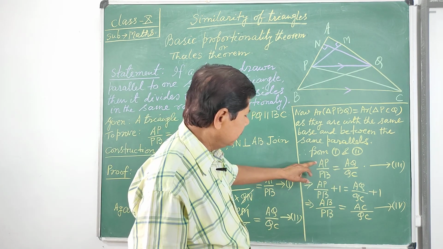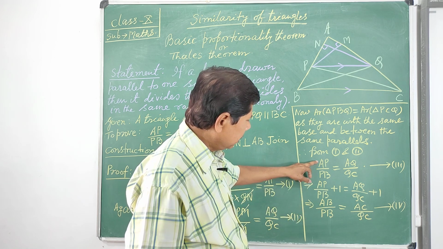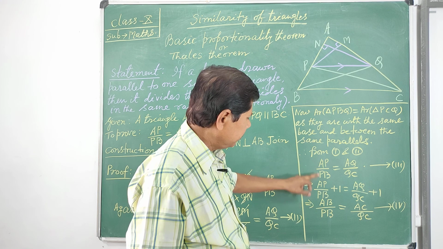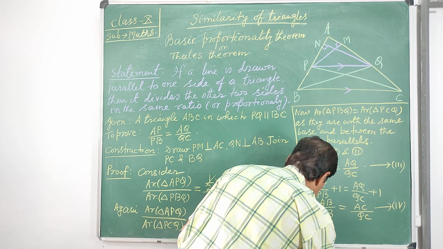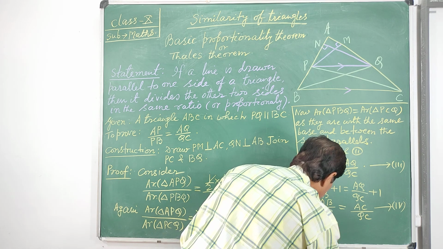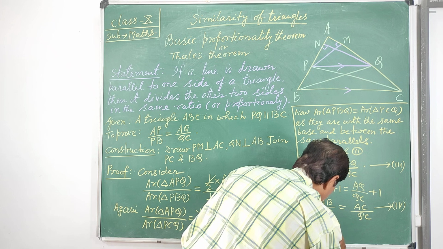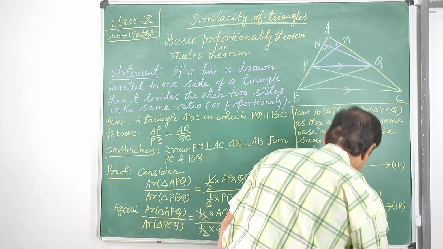Now if you divide 3 by 4, what happens? PB gets cancelled, so AP by AB equal to AQ by AC.